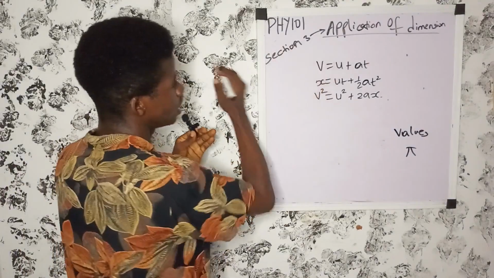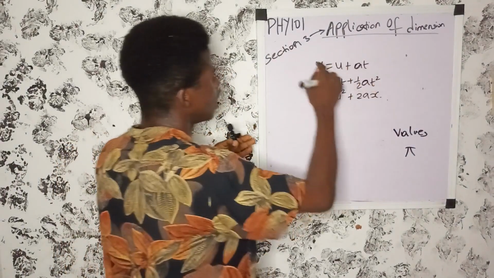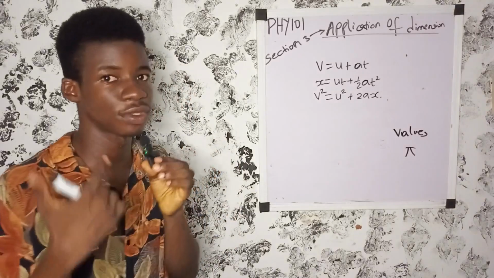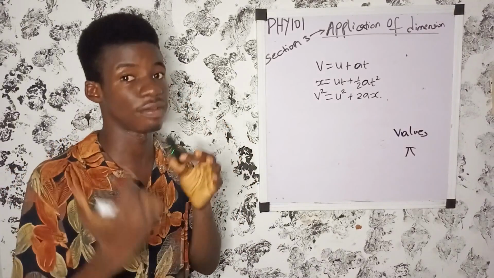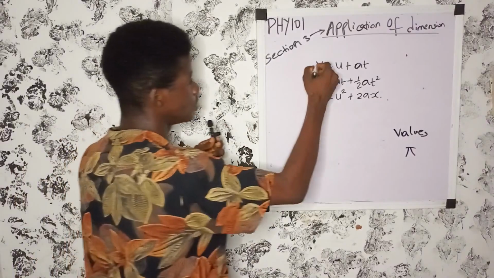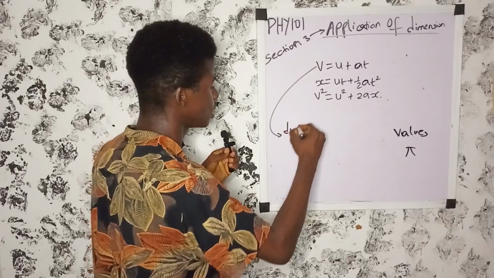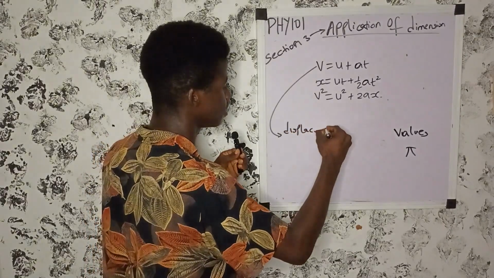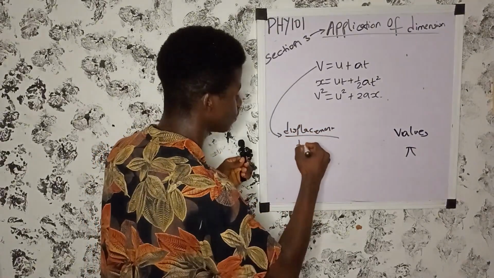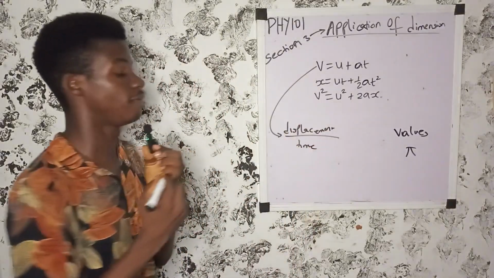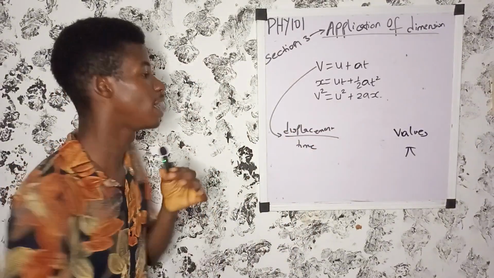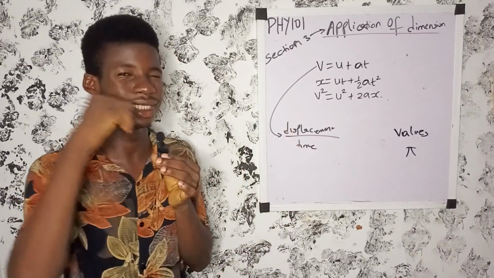Let's look for the dimension here and also here. I told you that if you want to look for the dimension of a quantity, you need to know the formula of that quantity. Velocity is displacement over time. And what is the dimension for displacement?